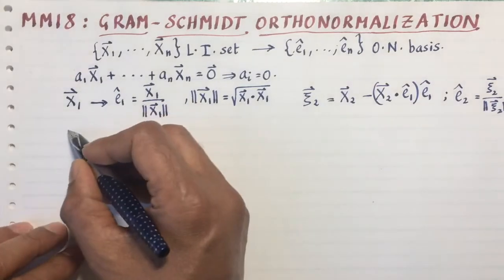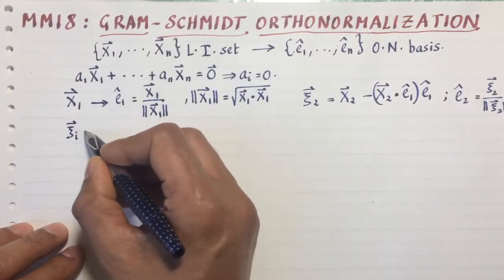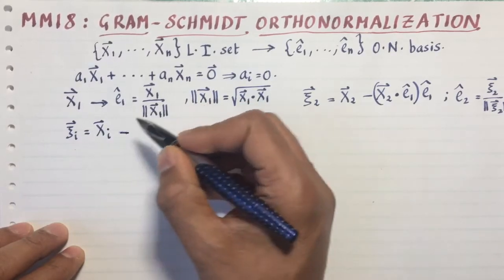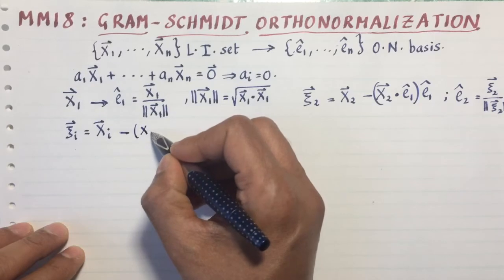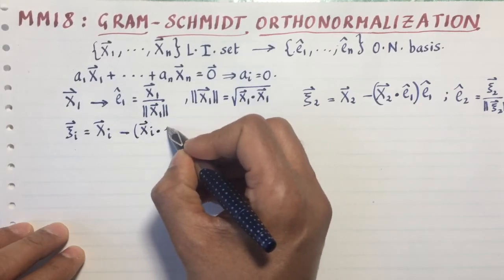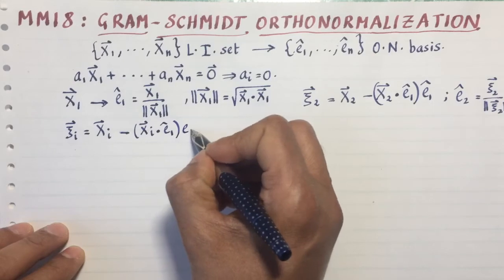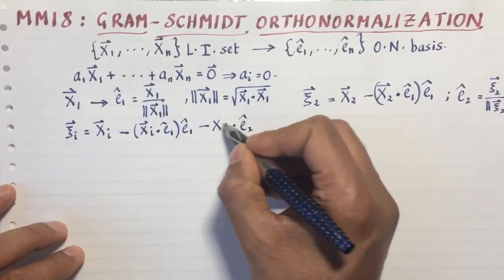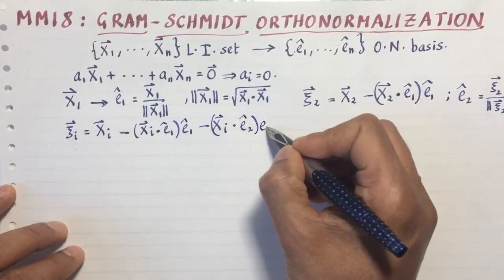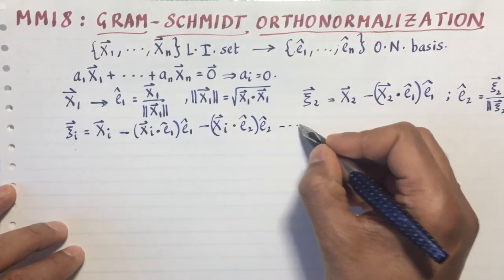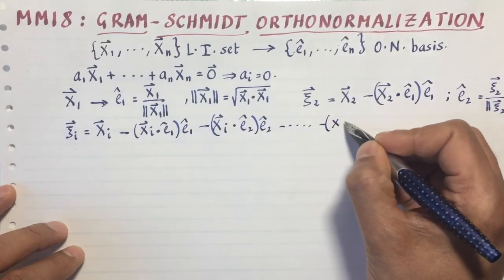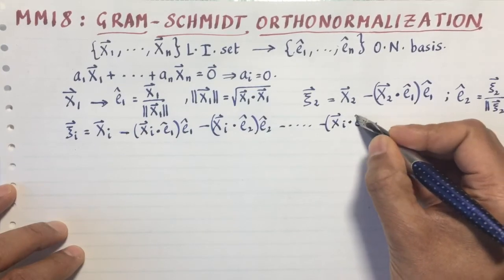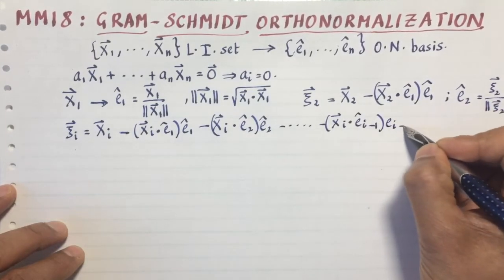So for example, the ith element, zeta i, is going to be xi, and then from that xi you subtract the component in the direction of e1, and then you subtract the component in the direction of e2, and you keep doing that all the way up to the (i minus 1)th component.